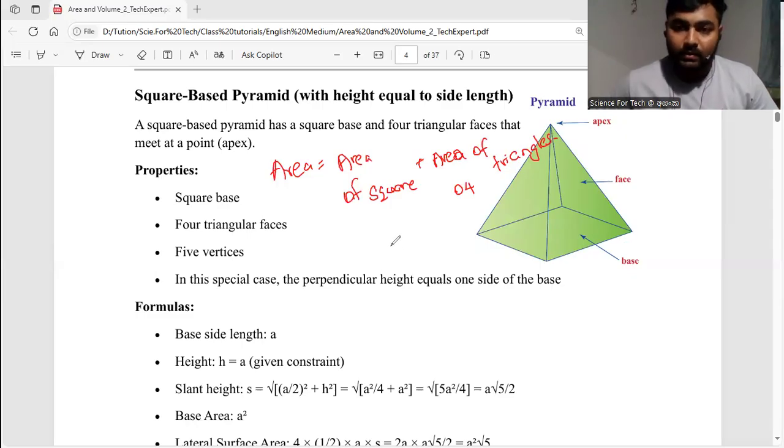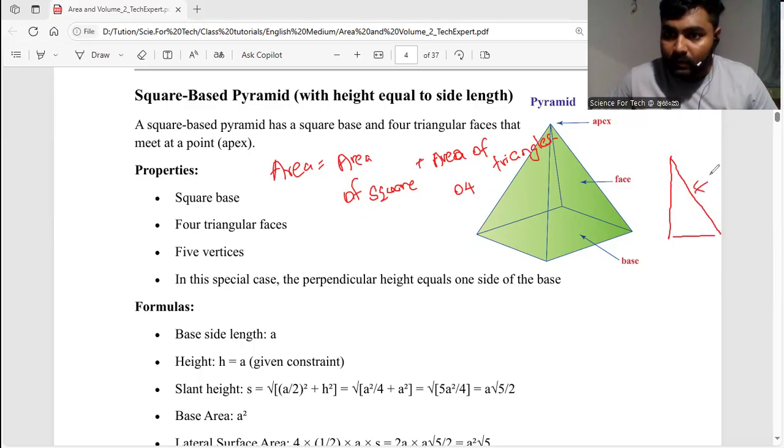But there is a point. How can you find the perpendicular height of this triangle? You have to use the Pythagoras theorem, because it is like this. This is the perpendicular height, and this is called the slant height.